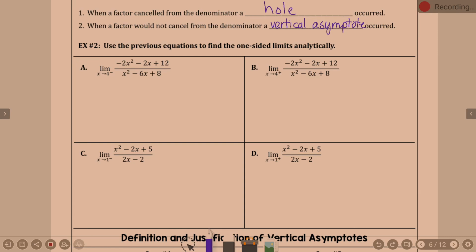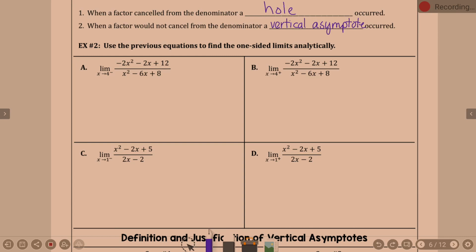Okay. Example 2. Use the previous equations to find the one-sided limits analytically. These are the same equations from the previous page, but we're going to do them without the graph.